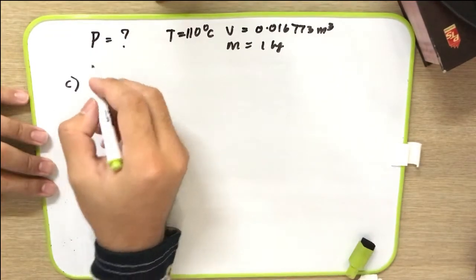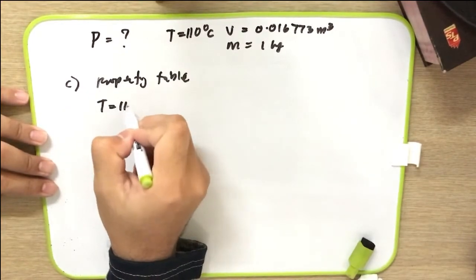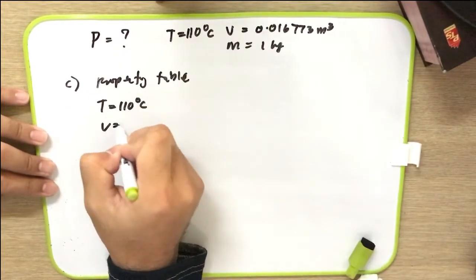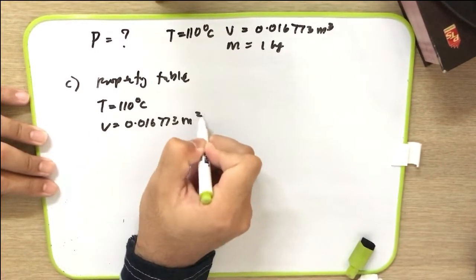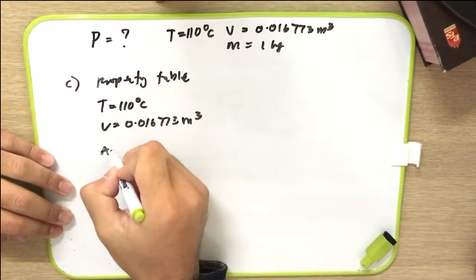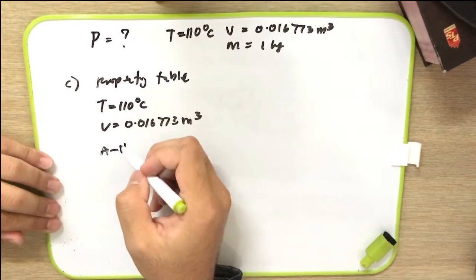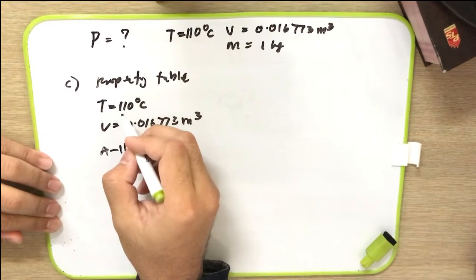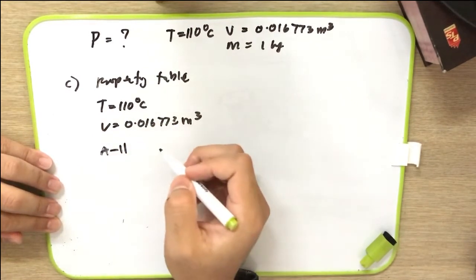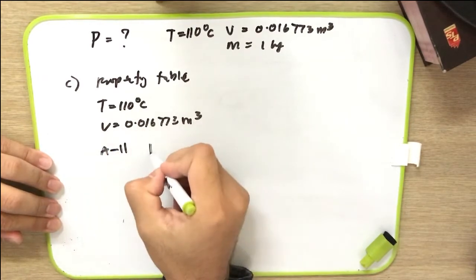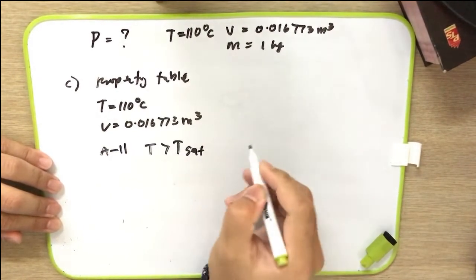C, we find P from the property table. So the temperature is 110 degrees C. V is 0.016773 meter cube. First we look at table A11. When we check at table A11, the temperature here is higher than the temperature maximum that we can get from table A11. So that means this temperature is higher than the T saturated.